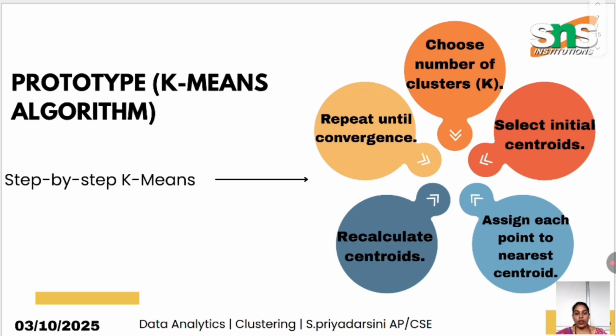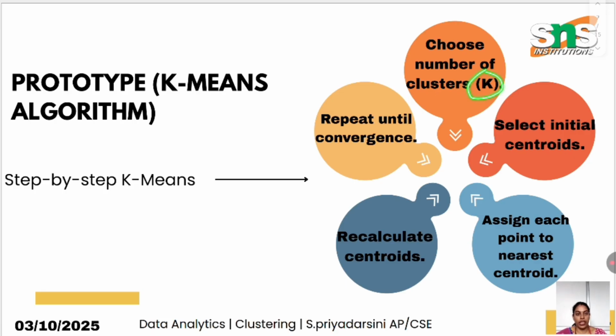Next we will see about the prototype, which is the k-means algorithm. Let's break down how k-means works step by step. First, we have to choose k, the number of clusters.